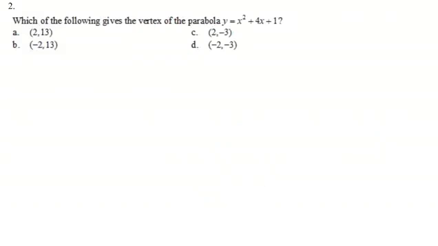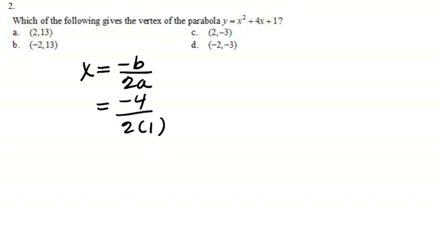Okay, here we've got an old-fashioned vertex of the parabola question, which I think also came from that same sample test that I took. And so we know how to find the vertex of the parabola. That's x equals negative b over 2a, which is negative 4 divided by 2 times 1, which is negative 2.